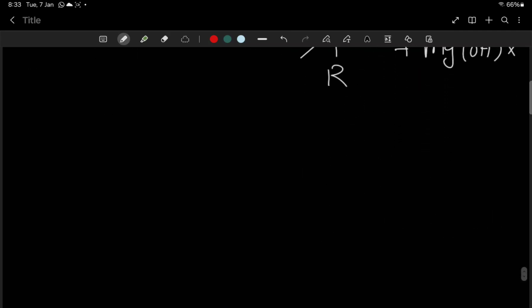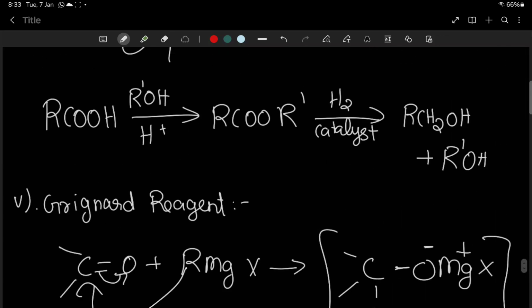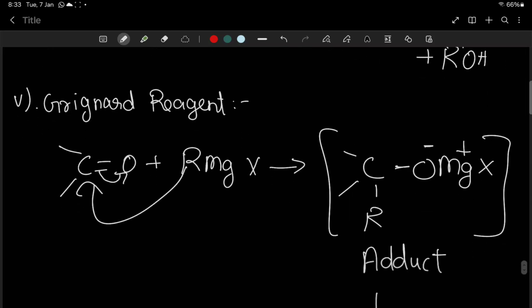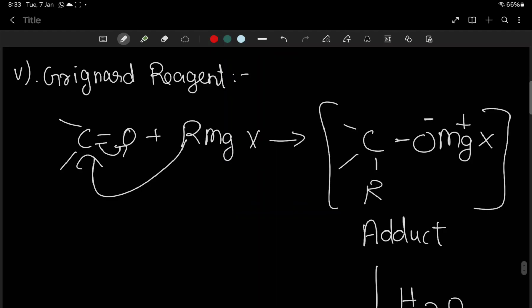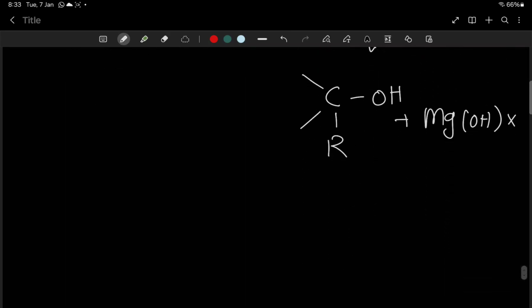This is also a nucleophilic addition reaction of aldehyde and ketone. Okay, now these are the preparation methods for alcohols.